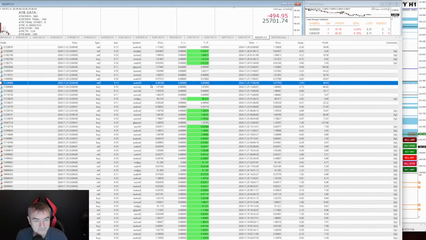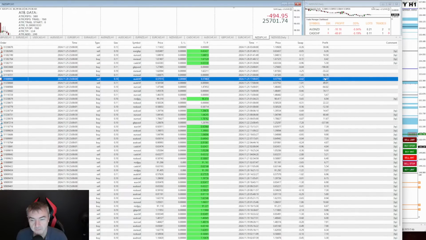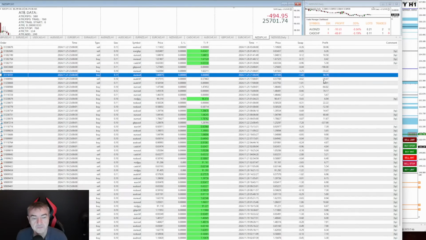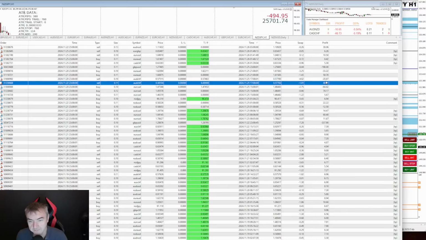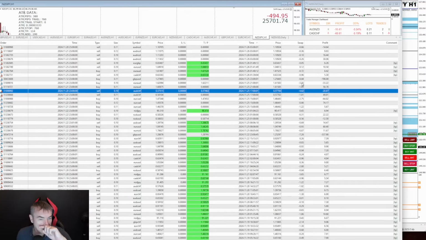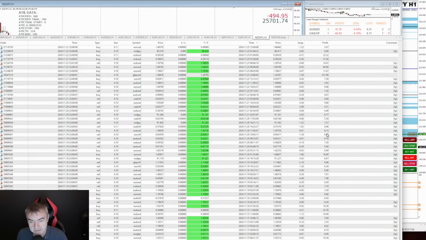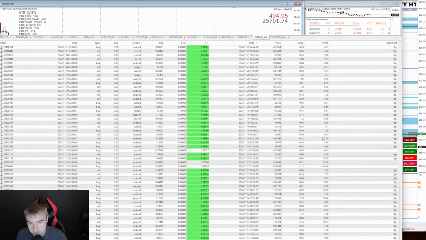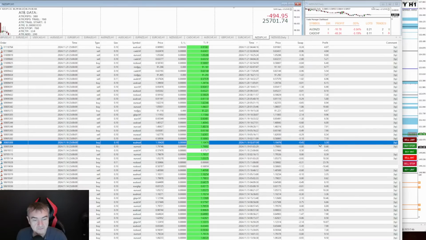That odd Swiss there and that odd Swiss there, between the two of them, made roughly $30. So you're going to get very odd amounts of money being made. It made $3.30 there on an Aussie New Zealand trade.